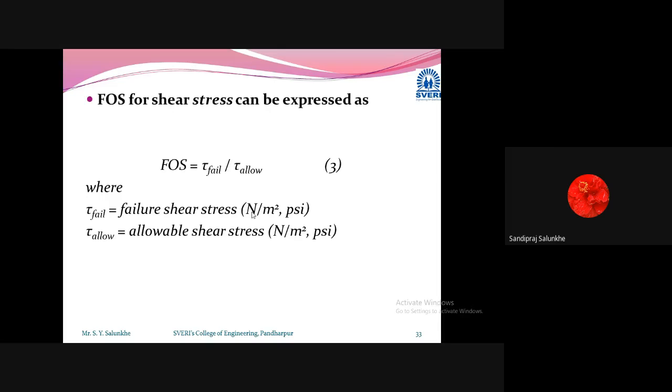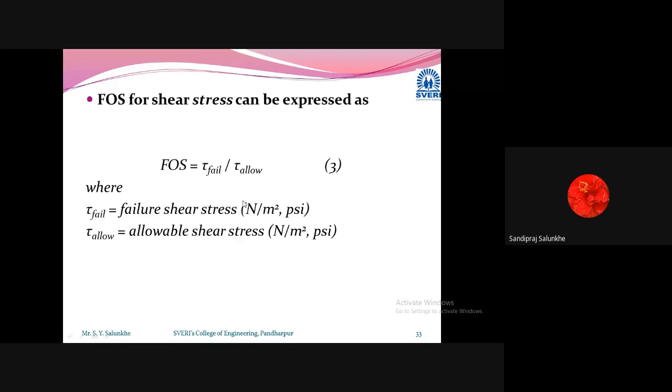In that case, shear stresses are major stresses. So when we are talking about shear stress, that shear stress is also responsible, and we can take it into account. So let us consider that tau suffix fail is the failure shear stress in Newton per meter square or Pascal. Now, while we are calculating all these values in mathematics, you have to take care of these units.